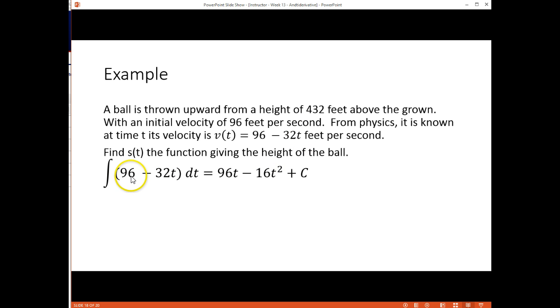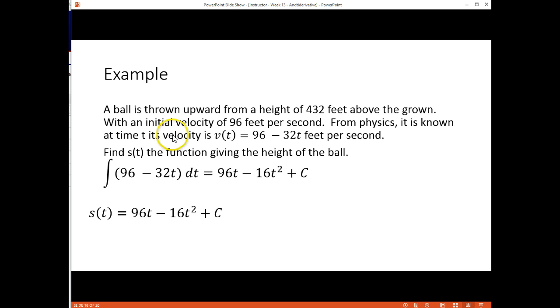The integral of 96 minus 32t is 96t minus 16t squared. Of course, we're just doing this in one step. We add 1 to the exponent, so this becomes t squared, and then we divide, so 32 divided by 2 is 16. So now this is our position function here.